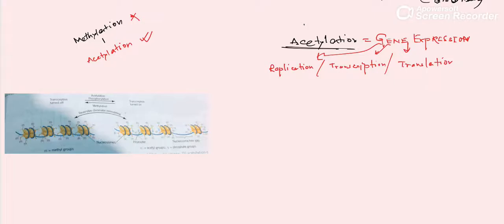With the help of histone acetyltransferase, acetylation of lysine 14 occurs in the histone H4. We have already told that there are 5 types of histone: H1, H2A, H2B, H3 and H4, and acetylation occurs in H4.